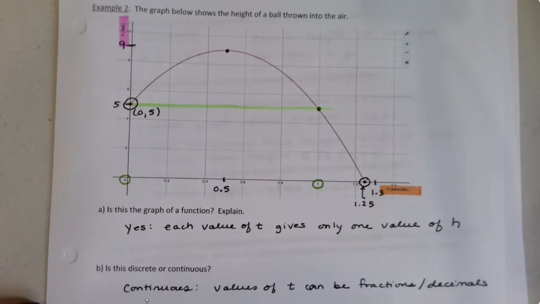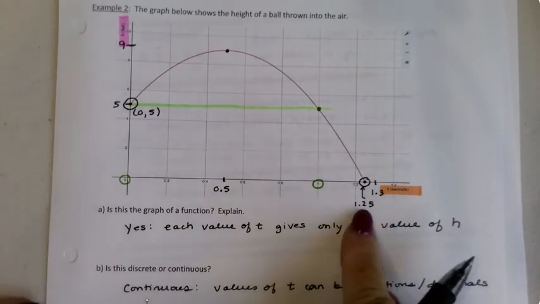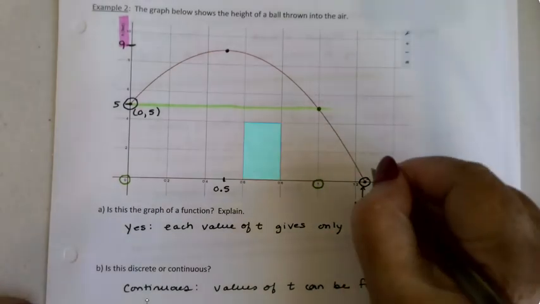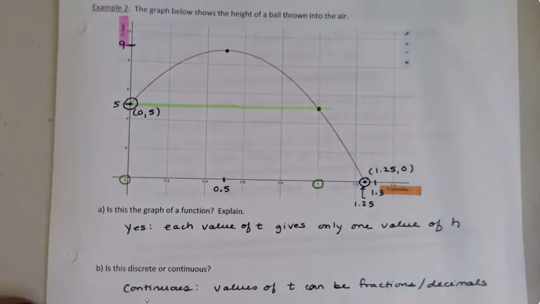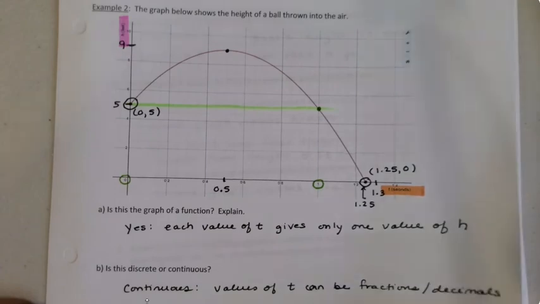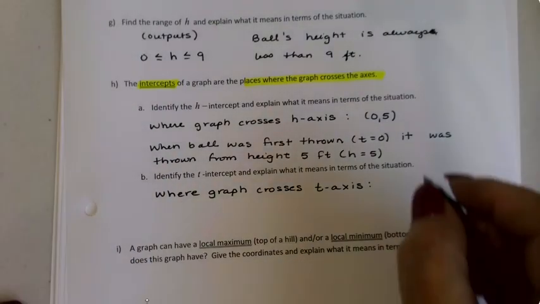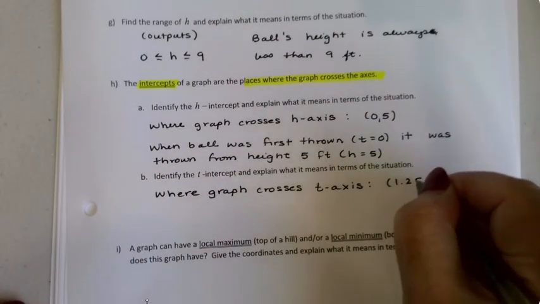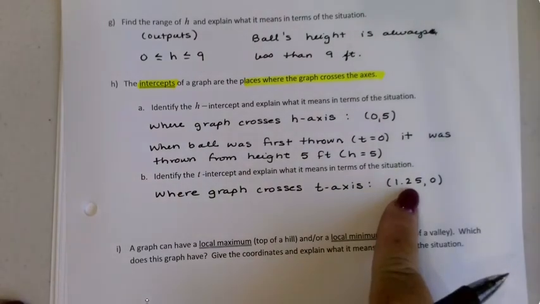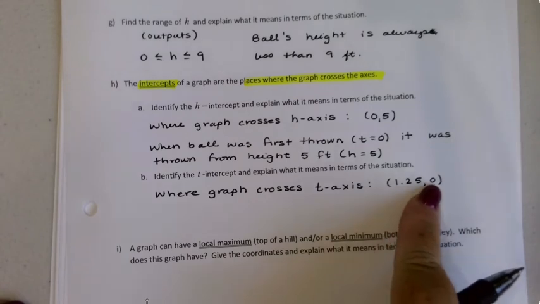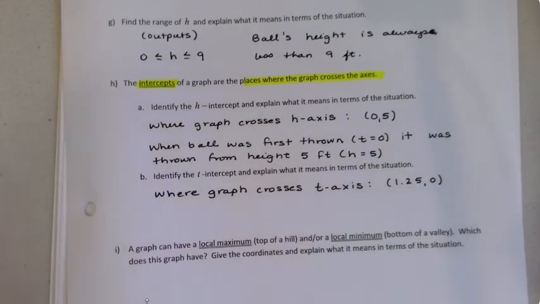Right there we've got our graph hitting that t-axis, and the t-value, we identified it for a previous question, was 1.25. So that point is actually (1.25, 0). So at time 1.25 seconds, the height is 0, or in other words, the ball has landed on the ground.